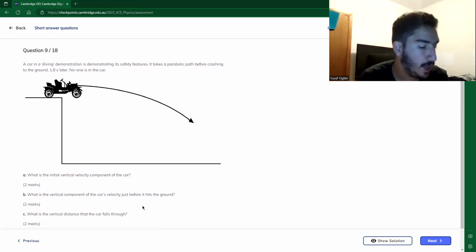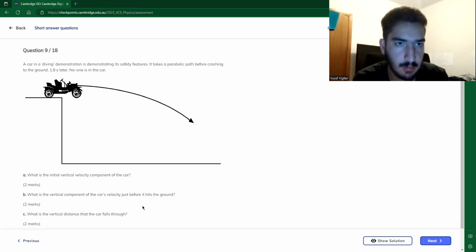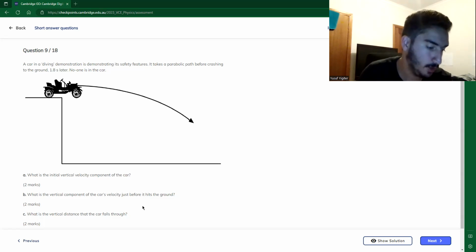So we could use S equals UT plus 1 over 2 AT squared, where U is the initial velocity, which is 0, so 0 times T is 0, plus 1 over 2 G, 9.8, times T squared, where T is the total time it takes to hit the ground.